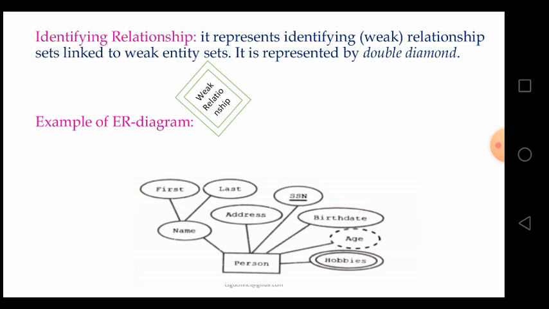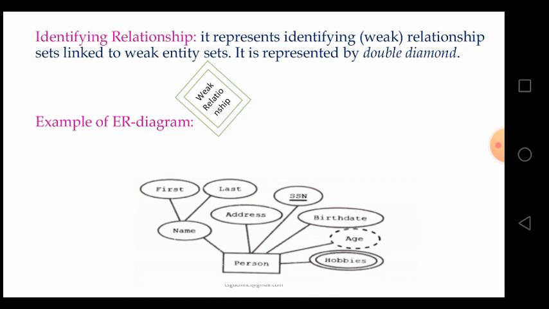Double ellipse for multi-valued attribute. Dotted ellipse for derived attribute. Double diamond for identifying relationship. These are the symbols used for developing entity relationship diagrams.